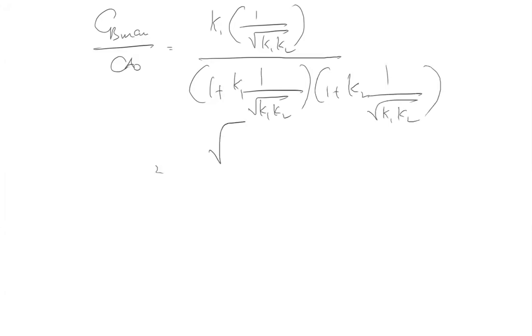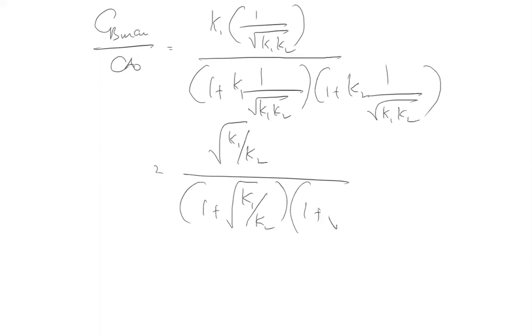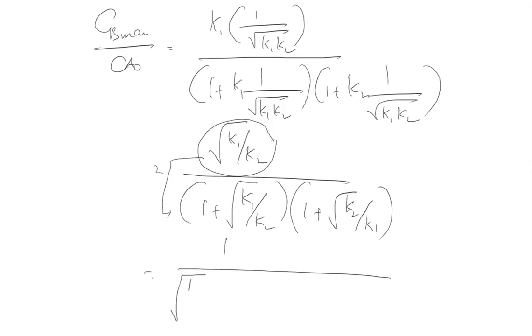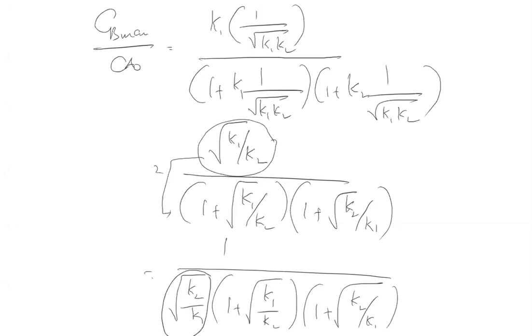So what you get is root of K1 by K2 ... If you translate this to the denominator, then 1 by root of K2 by K1, 1 plus root of K2 by K1. Take this and multiply here, then overall you get 1 by 1 plus root of K2 by K1 whole square. This is what you get.